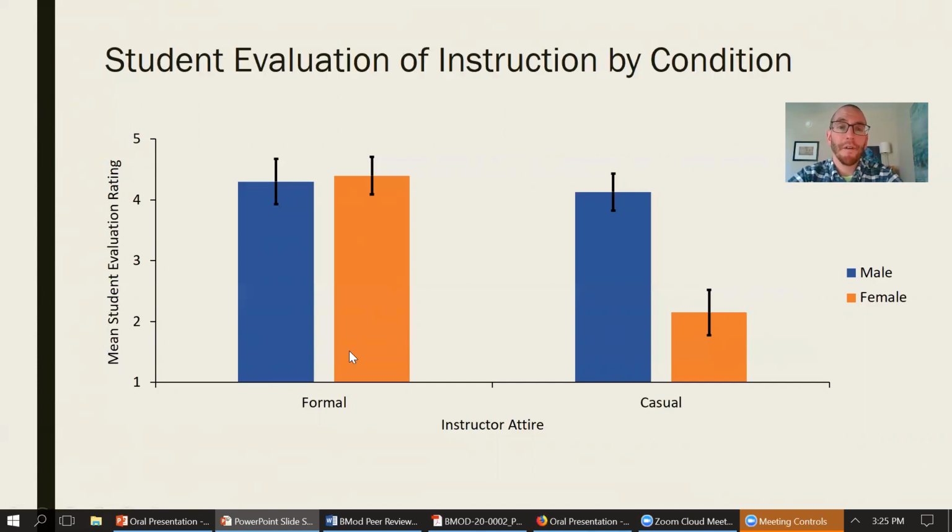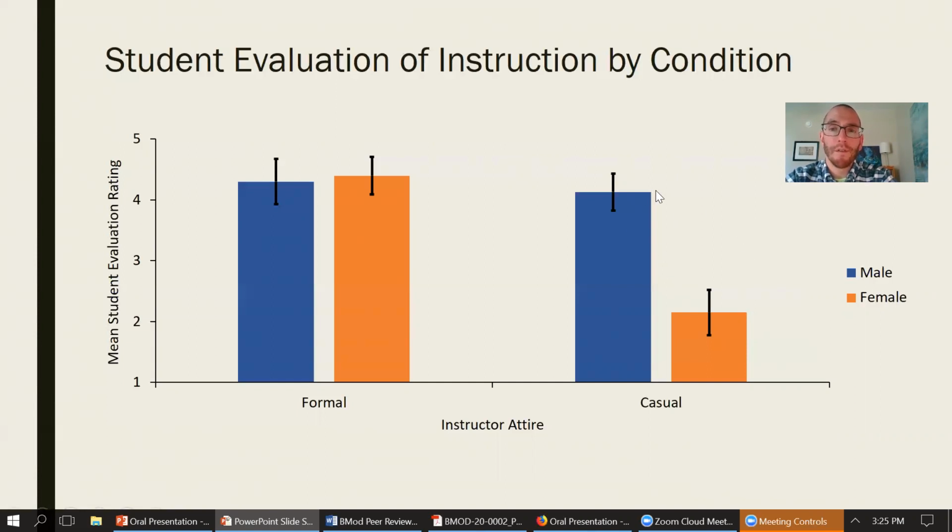As you can see here, for formally dressed instructors, regardless of the gender of those instructors, participants strongly positively responded to that instruction, with average ratings just above 4, again on this 1 to 5 scale. However, when instructors were dressed casually, a difference emerged between male and female instructors.